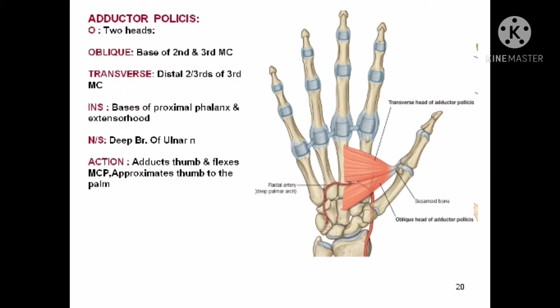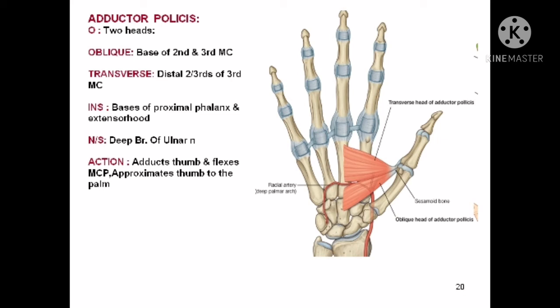The adductor pollicis arises by two heads. The oblique head arises from the base of the second and third metacarpal bones. The transverse head arises from the distal two-thirds of the third metacarpal bone. It inserts at the base of the proximal phalanx and extensor hood of the thumb on the medial aspect.